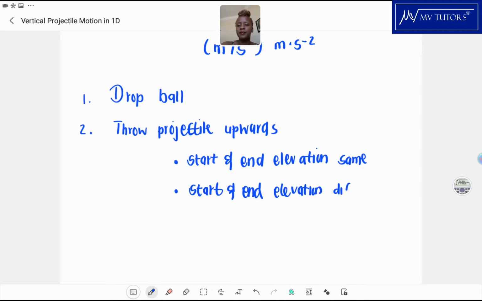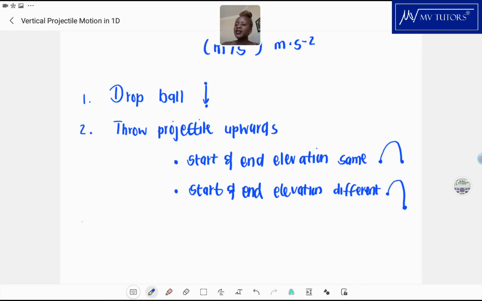Okay, they are different. So basically here you start there and you end in the same position, but here you start somewhere and then it drops further. All right, here you're just dropping the ball, so it goes all the way down.